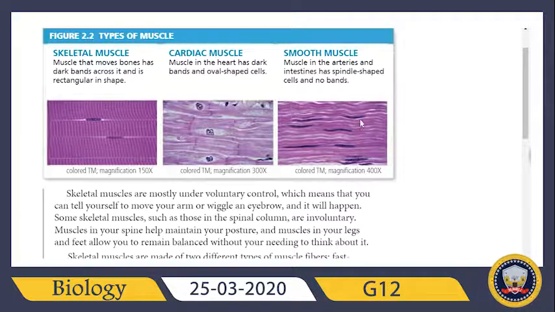The skeletal muscle is an elongated cell. The cardiac is like an eye, and the smooth is like branched. Okay. So these stripes, you will notice in all muscle cells.